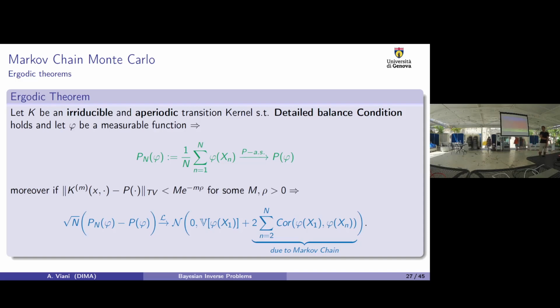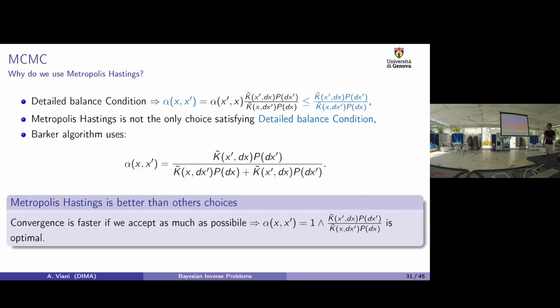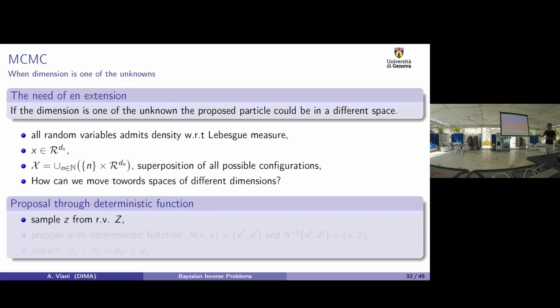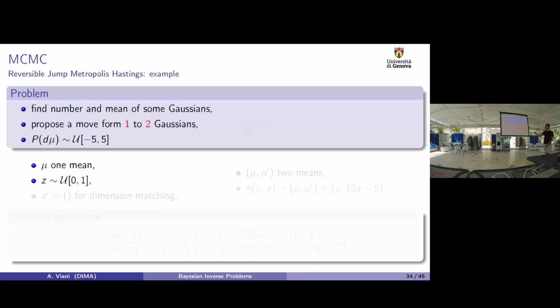The fact is that if you want to move between spaces of different dimensions, for example, we are in a point x that is one mean, and I propose that the signal is composed by the superposition of two Gaussians. So I add another mean because I think that there are two Gaussians.